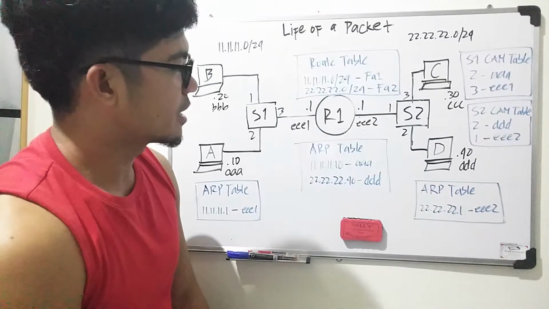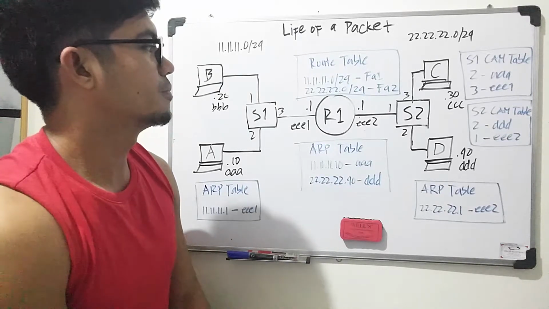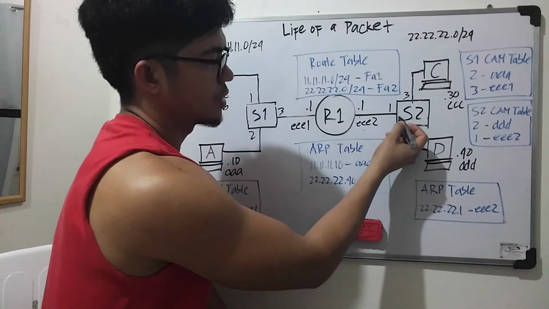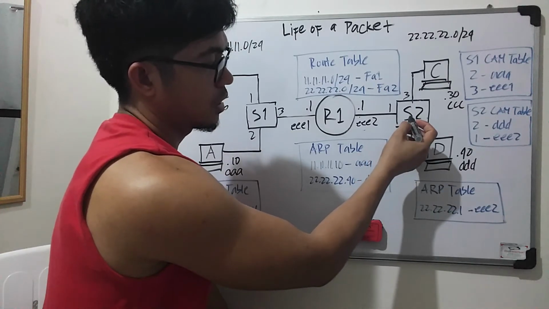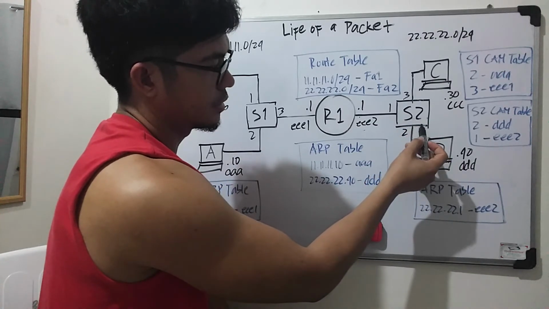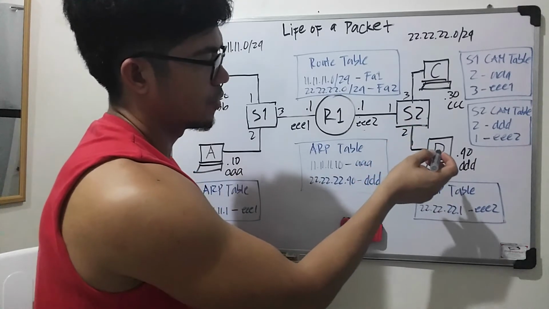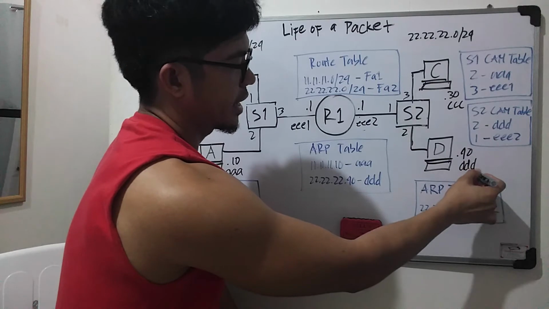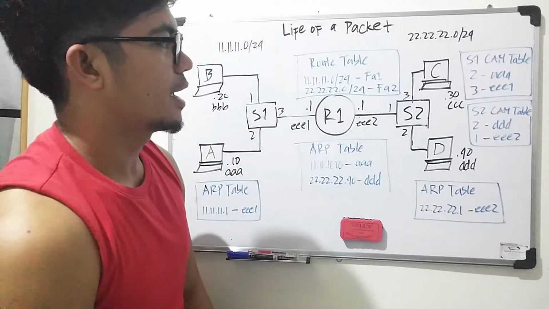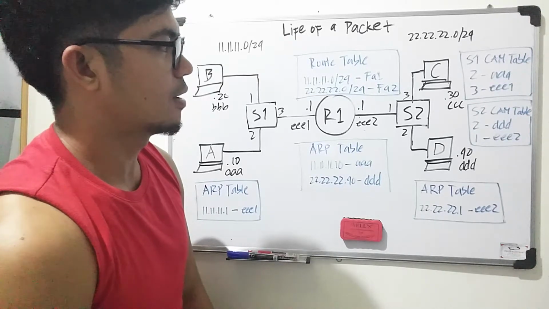So it will have the data, the layer 3 header and layer 2 header. So the packet will go to switch 2 port 1, and the destination MAC address will be this MAC address here, of course. So switch 2 already has an entry in its CAM table.